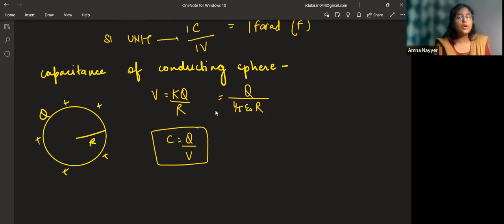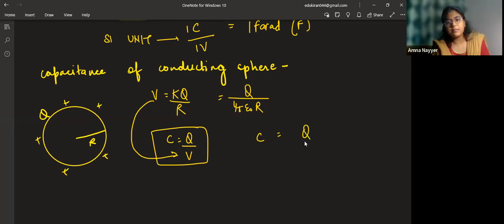All right, class. So what we can do, class, we can put in the values of potential in here, right? We have got the value of potential. So see, this becomes Q divided by this entire term. This is our potential, which is Q by 4 pi epsilon naught R. So this gets cancelled.